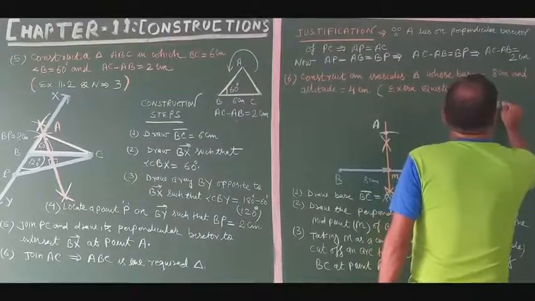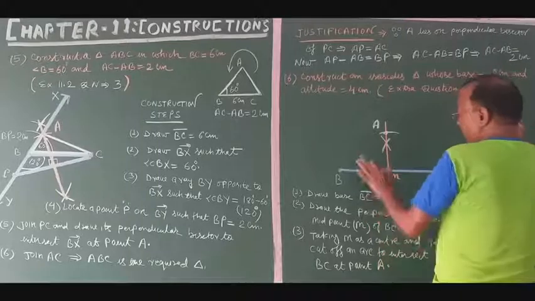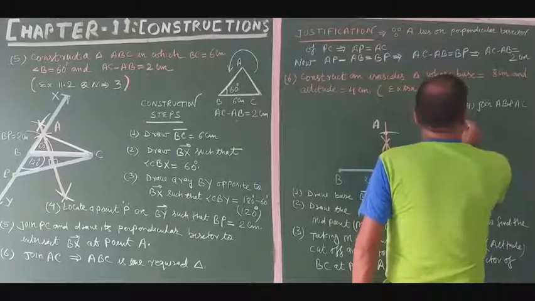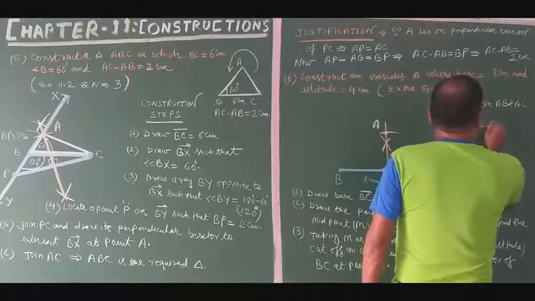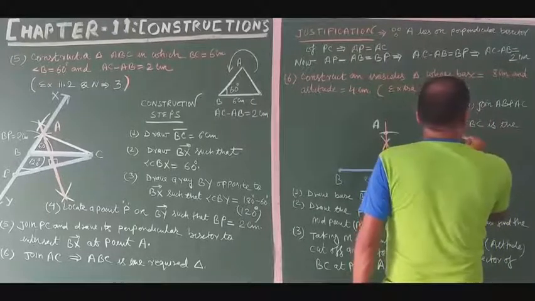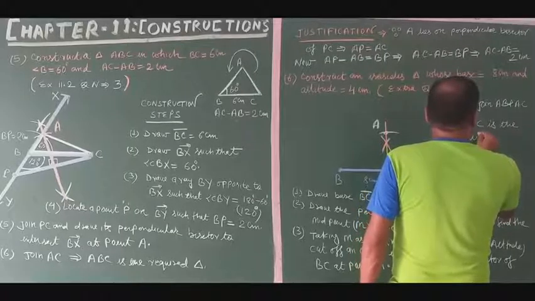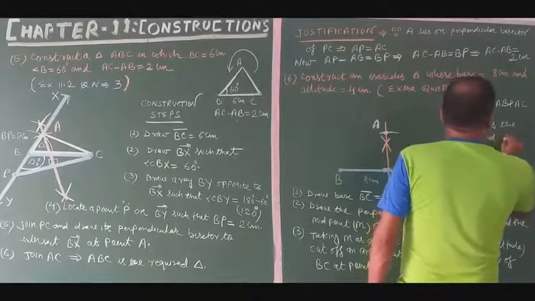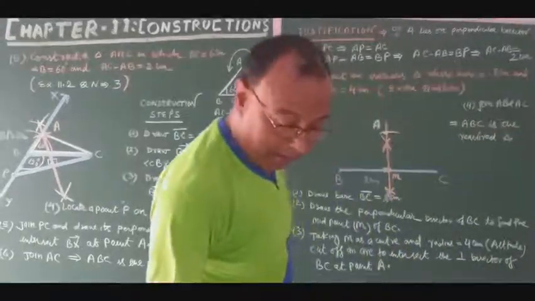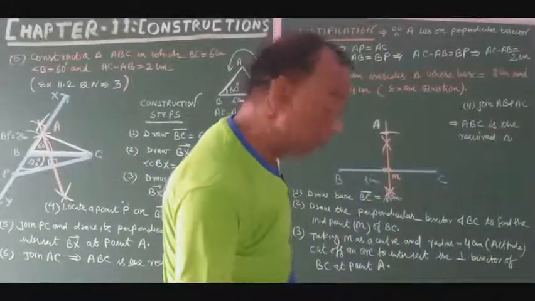Join AB and AC, and thus ABC is the required triangle. Now what will we do?